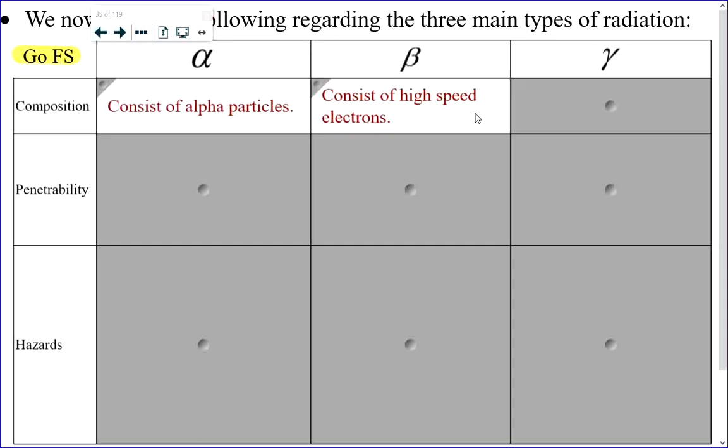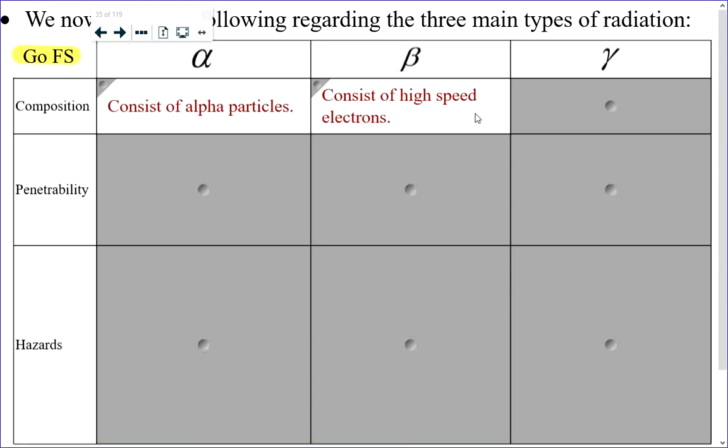Beta radiation is a stream of high-speed electrons, and we're going to have to cope with something here. These forms of radiation could be referred to properly as nuclear radiation because they originate in the nucleus. That's what this part of the unit is all about, nuclear physics.